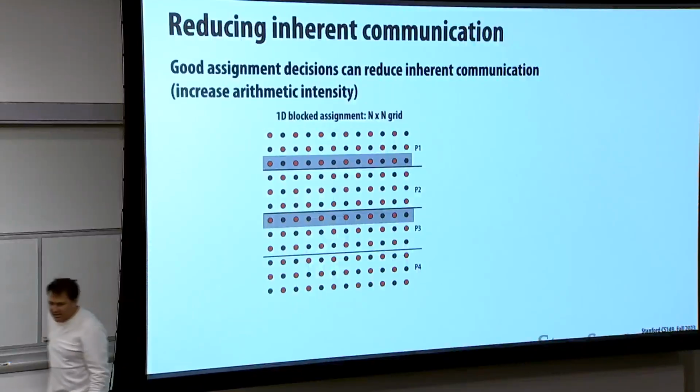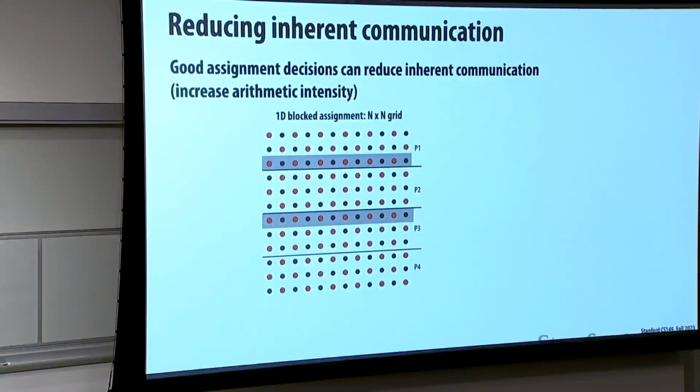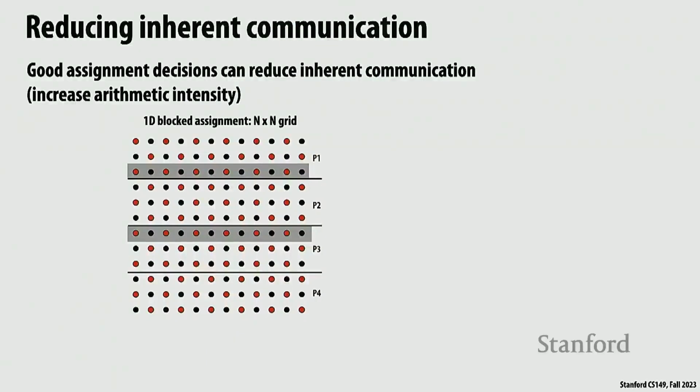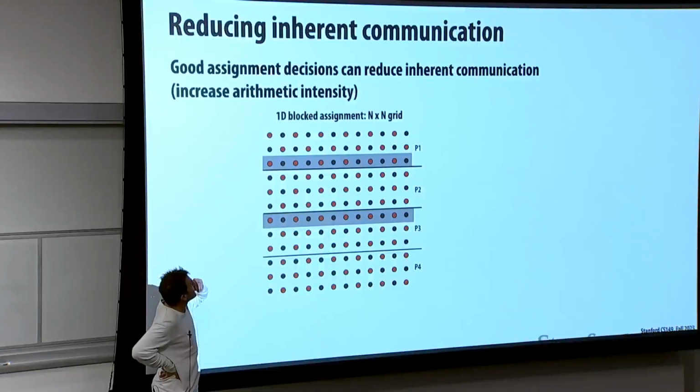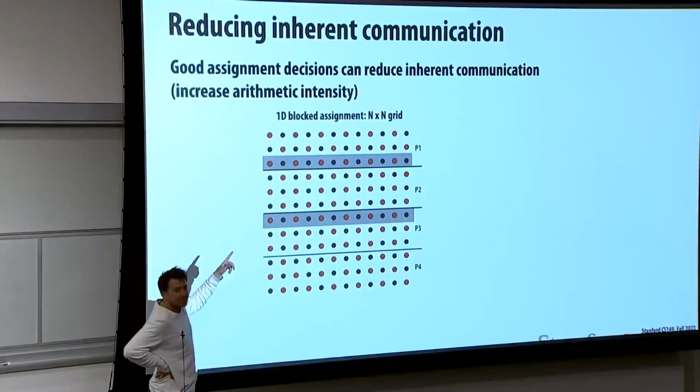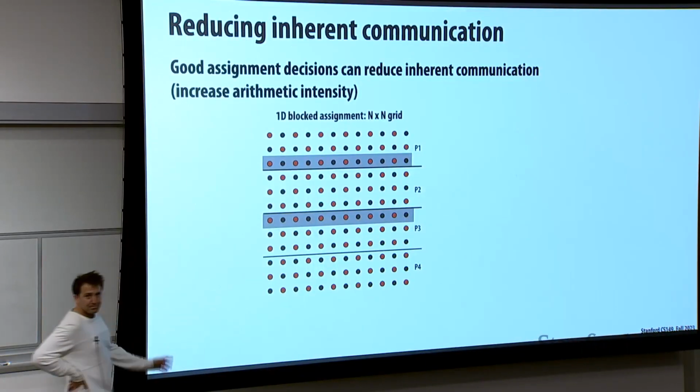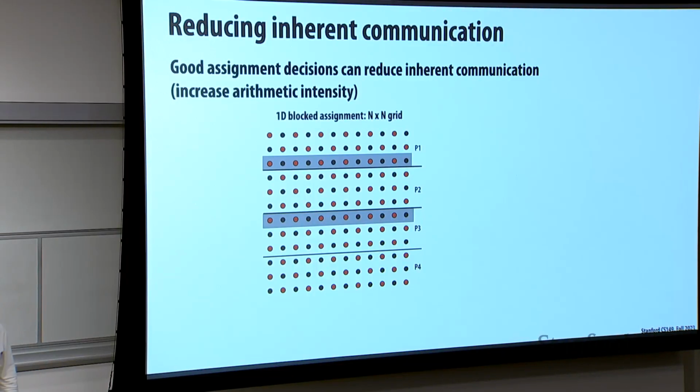How much communication do we do for every element that we process? What is the ratio of elements processed to the amount of communication that happens? Let's think about one thread. If the total amount of data is n squared, and we divide this up amongst p processors, how much work does every processor do?